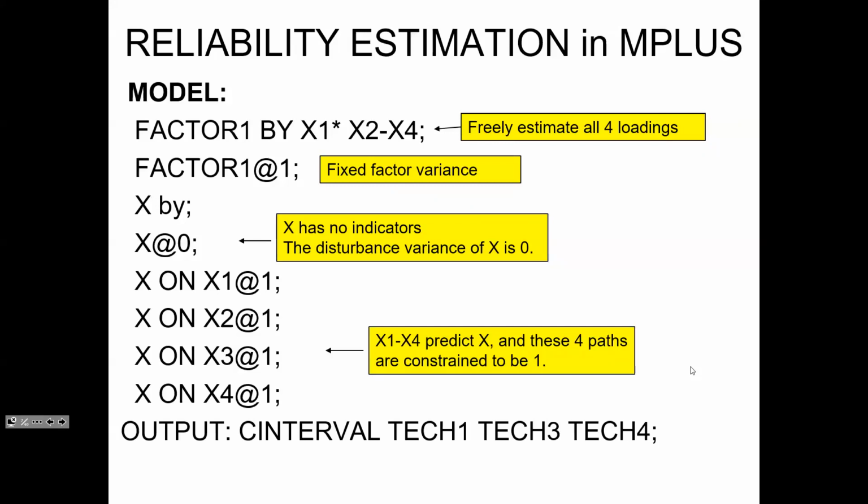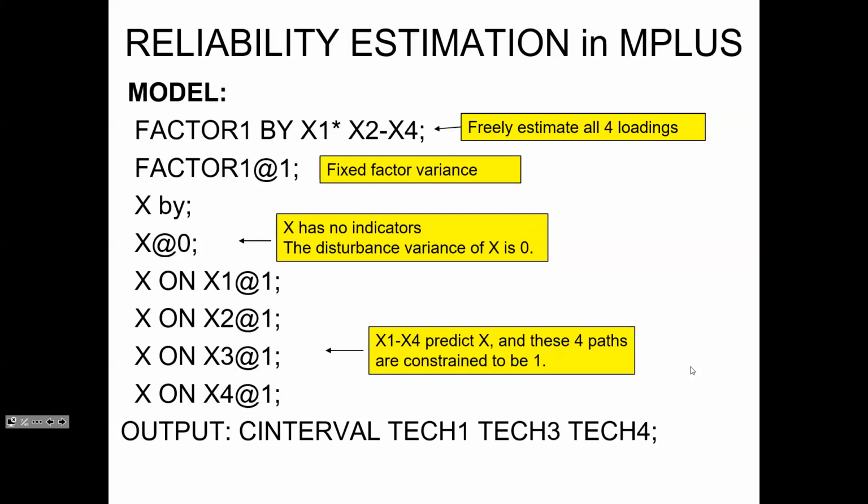It isn't actually predicting anything. In a traditional latent variable we've got indicators and paths going from the latent variable to the indicators, but that's not what we have here. So I say x by semicolon, which just sets up my x, but says there are no indicators.